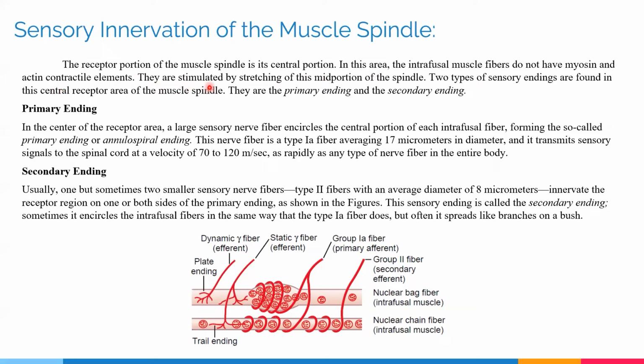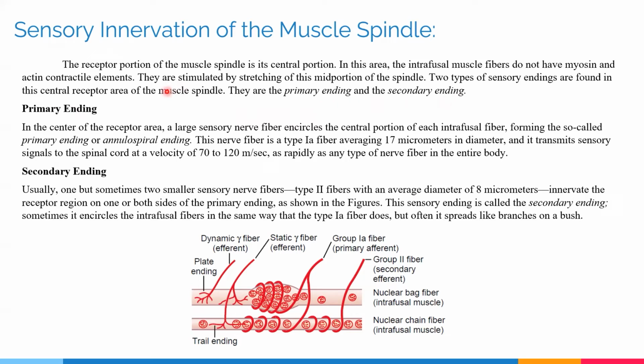They are stimulated by stretching of this mid portion of the spindle. Two types of sensory endings are found in this central receptor area of the muscle spindle. They are the primary ending and the secondary ending.